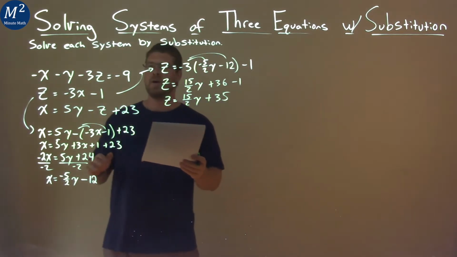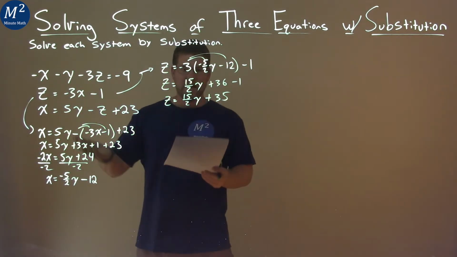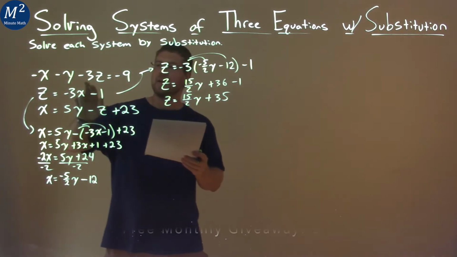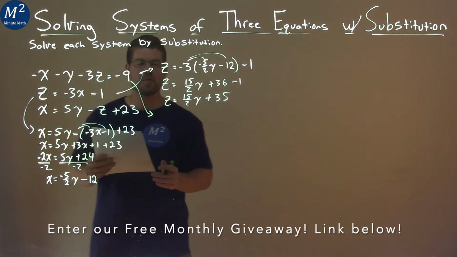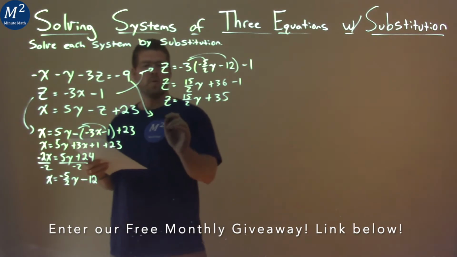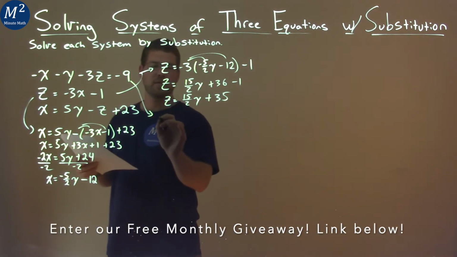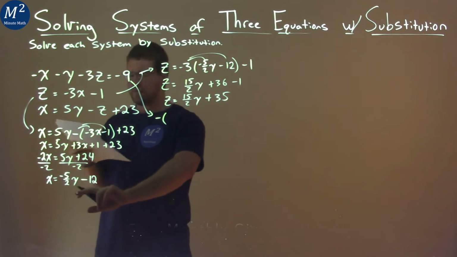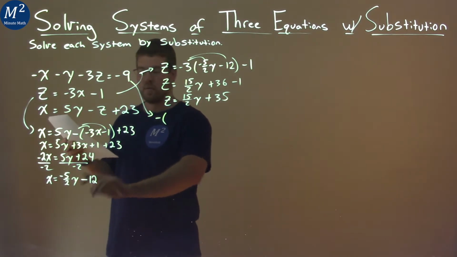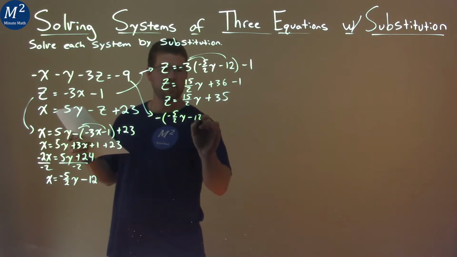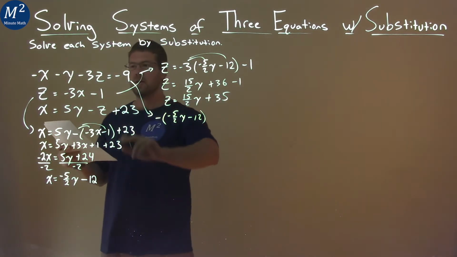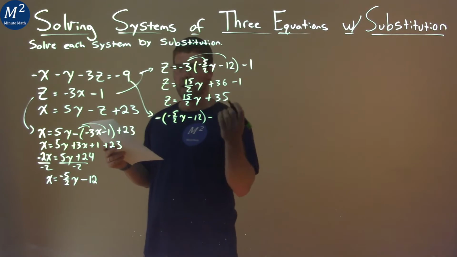So now we have z in terms of y and x in terms of y. We can now go get y by itself. So what we're going to do is take the first equation right here, and we're going to write this equation, but instead of x, I'm putting this expression we found for x in terms of y. Negative 5 halves y minus 12. Then we have minus y.